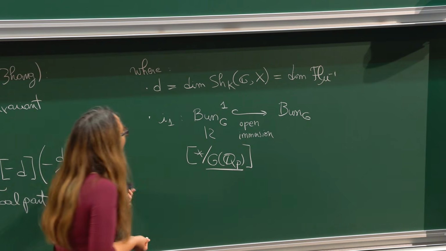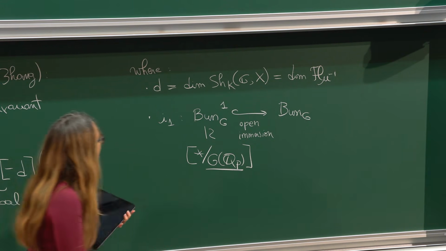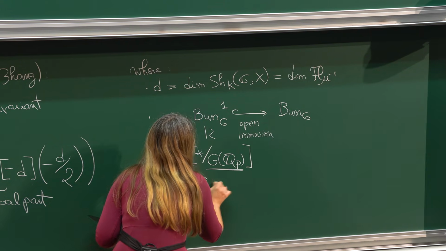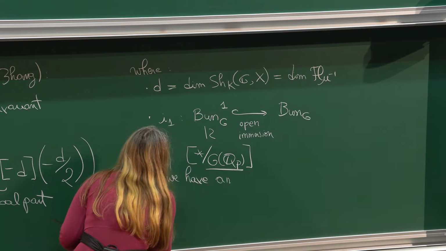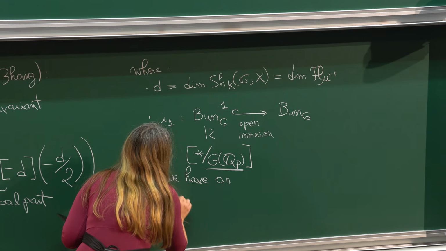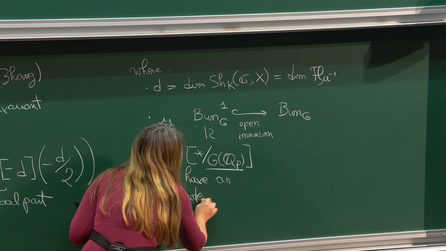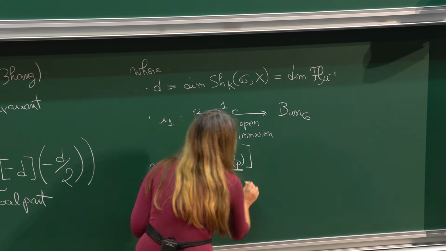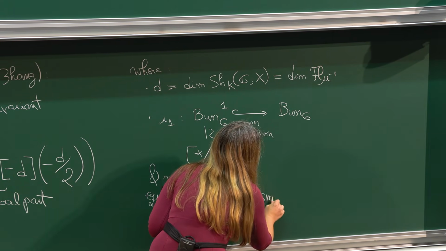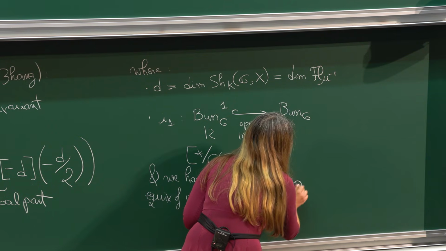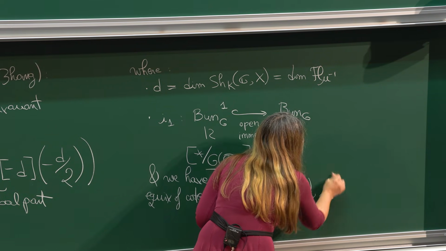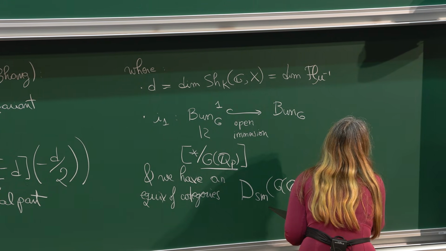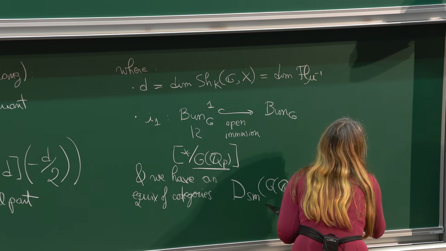And so you can identify it like this. And then we have an equivalence of categories, due to Fargues-Scholze again, between the derived category of smooth representations of G(Q_p) with lambda coefficients and the category of sheaves on this neutral point.